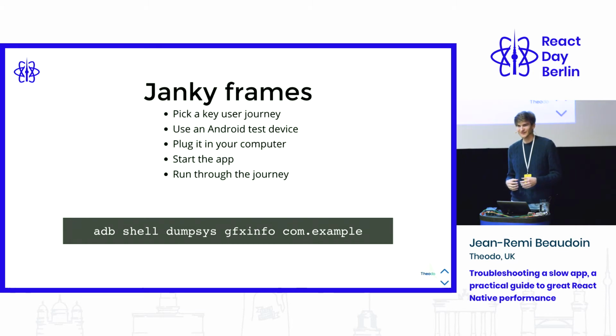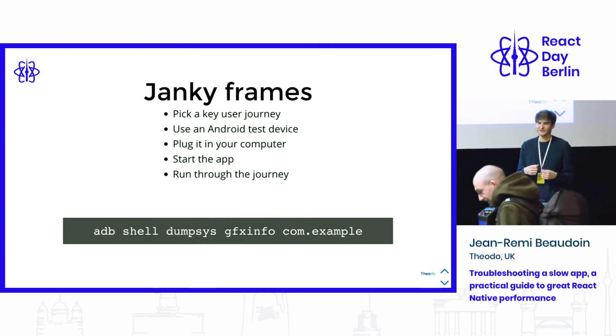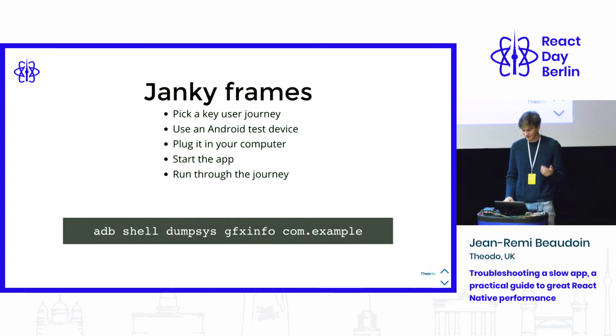That's a really good idea, to have an old phone with your team. You just plug it into your computer, start the application, follow that journey, and at the same time you run this command, where com.example is your bundle name. It will track and gather information about all the frames that are displayed, and at the end it gives you a percentage.